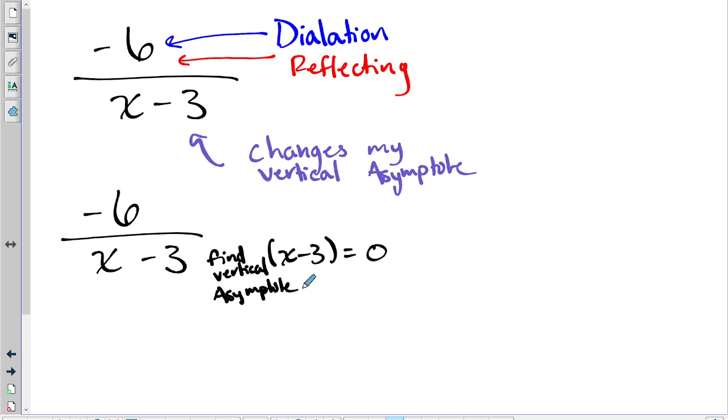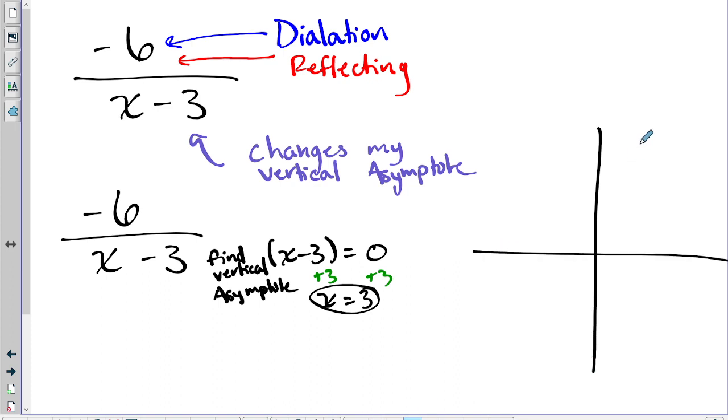All right, well, what I would do to solve this is just add 3 to both sides. And so the value of x that makes my denominator 0 is 3, which means that's where the vertical asymptote is. And so on a graph, I would find x equals 3, and I draw an asymptote there. And then the only other thing that changed is a dilation and reflection. I'm not really scaling my graphs, so I don't care about the dilation.